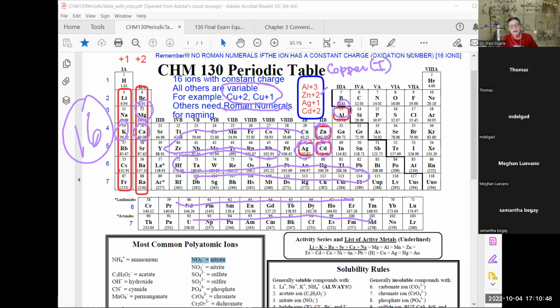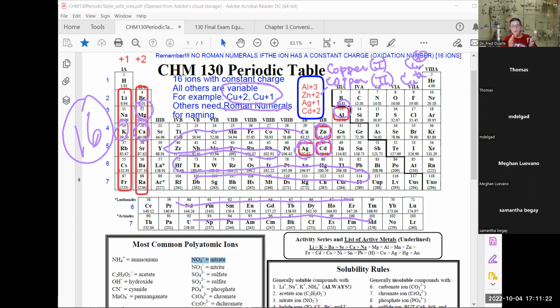That designates copper +1. If we write copper, parentheses, Roman numeral 3, oh, not 3, 2. Sorry about that. Let me erase that. I got carried away. This is 1, and then Roman numeral 2.